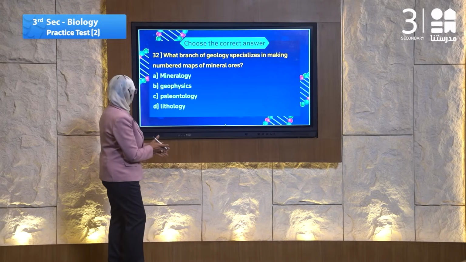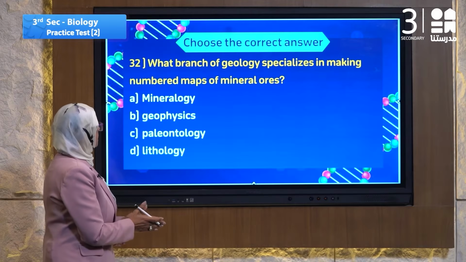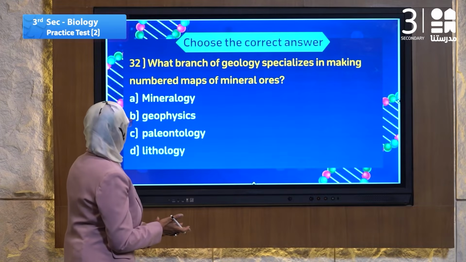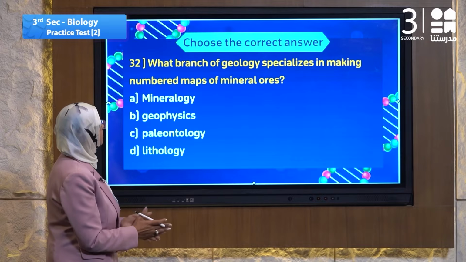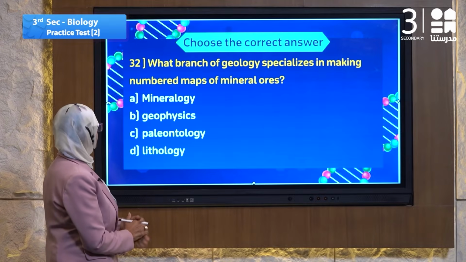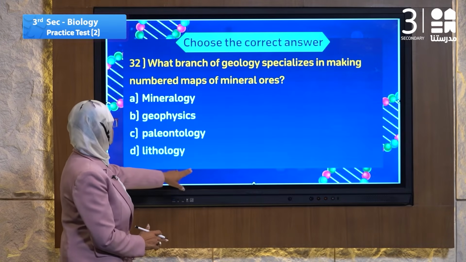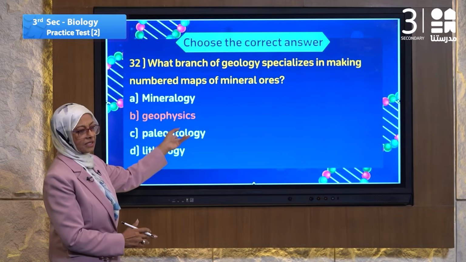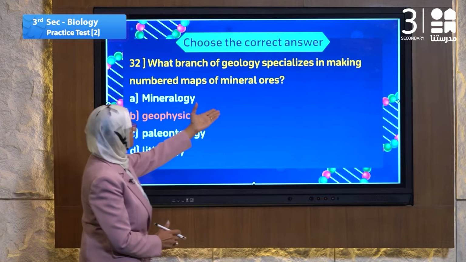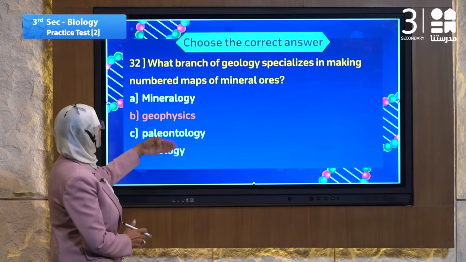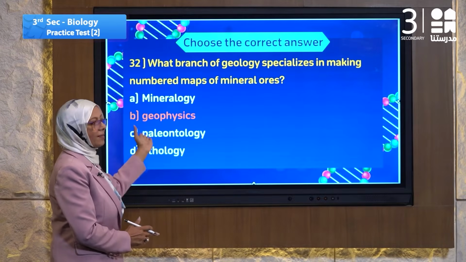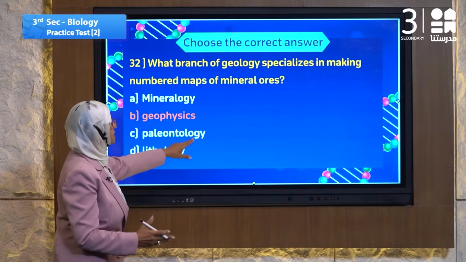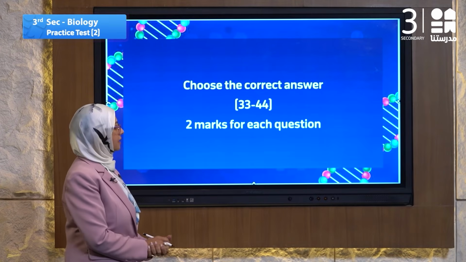D: lithology. We look for the specialty of mapping mineral ores. It's not paleontology, it's not lithology, but geophysics. Geophysics speaks about minerals and finding the ores and making maps, to find what minerals are found and where they are found.